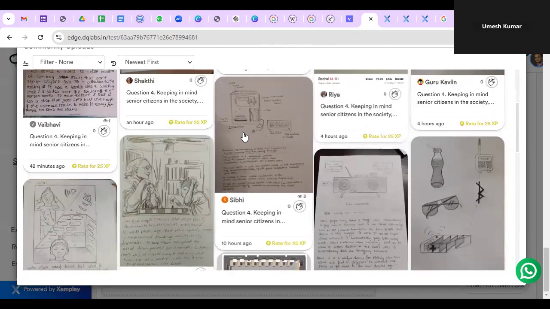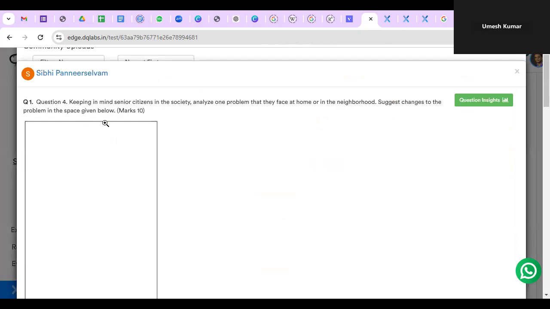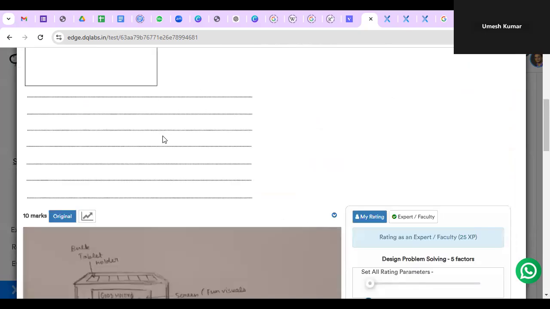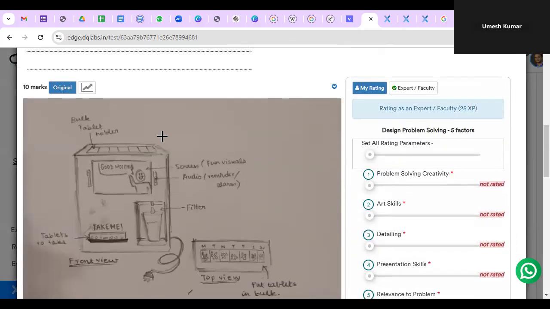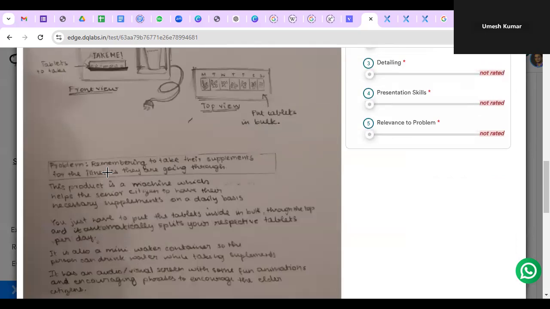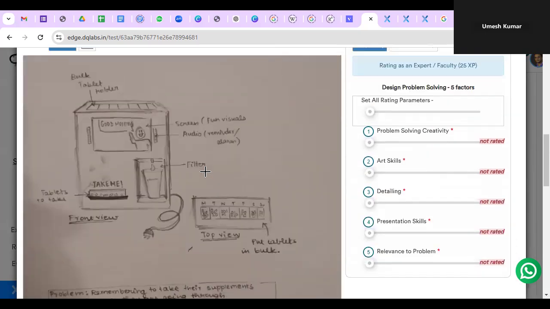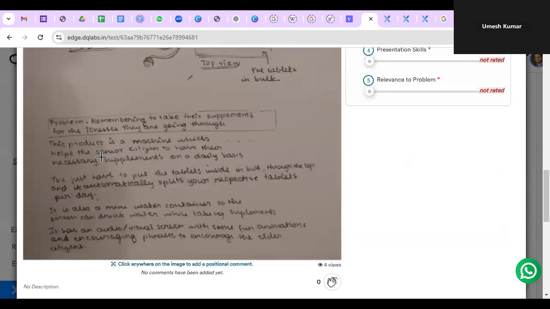Yes, sir. What is the problem? Remembering to take their supplements for the illnesses they are going through. Nicely put. This product is a machine which helps the senior citizens to have their necessary supplements on a daily basis.